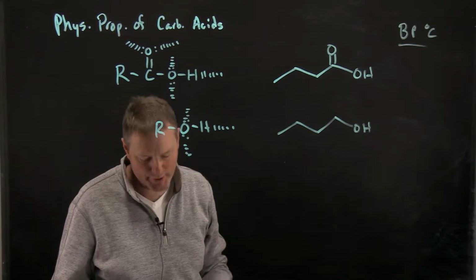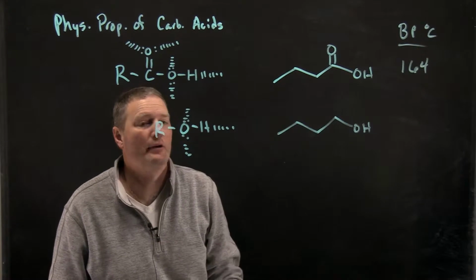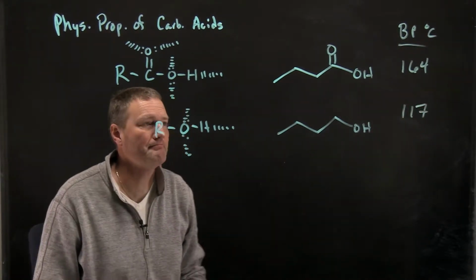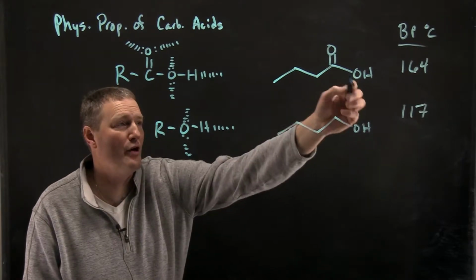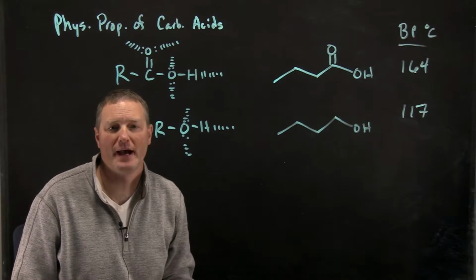Butanoic acid actually has a boiling point of 164, whereas butanol is 117.